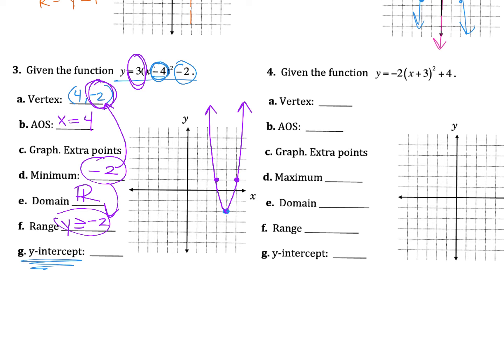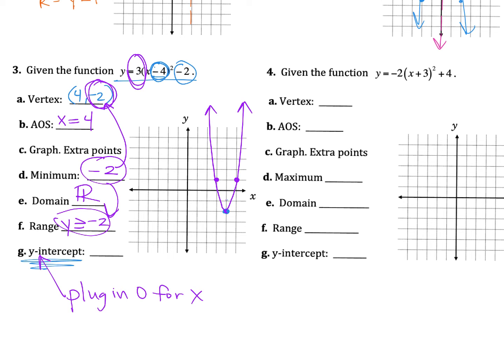One of your values never changes. Not -2. If I'm going to find a y-intercept, what's my x value? 0. 0 every time, okay? For a y-intercept, all you're doing is plugging in 0 for your x, because a y-intercept always has an x value of 0.